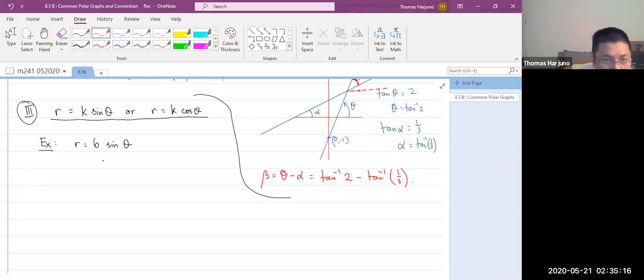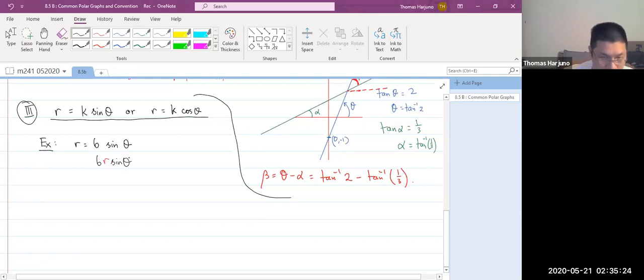But if I have r sine theta, that r sine theta becomes what? That's our toolbox.